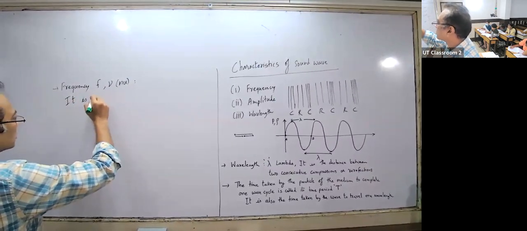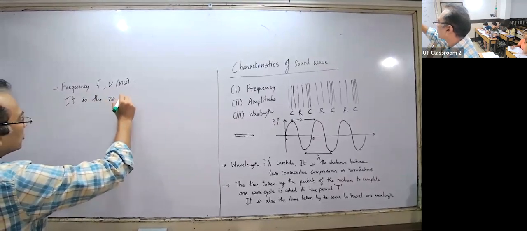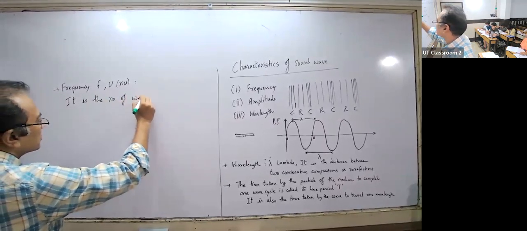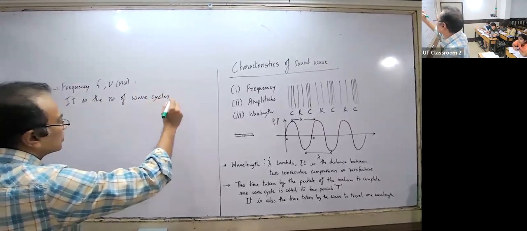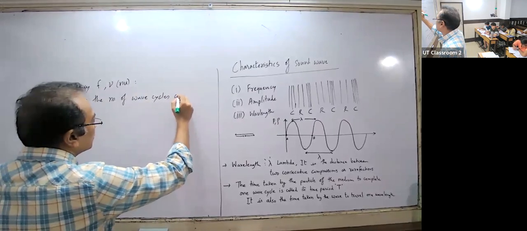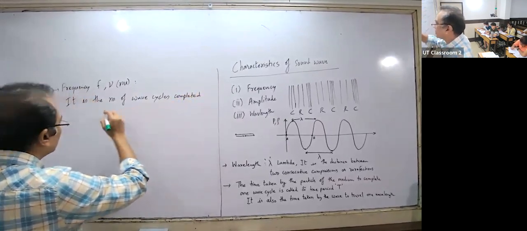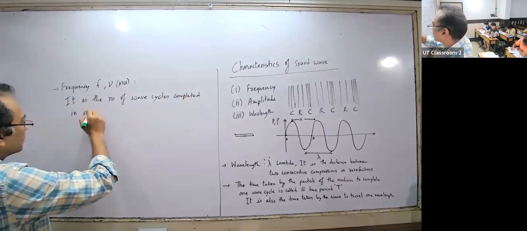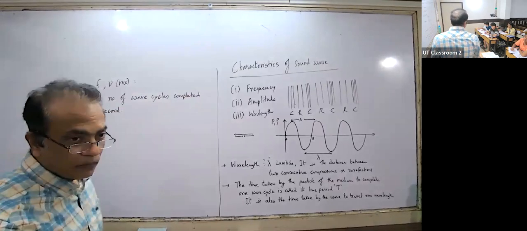It is the number of wave cycles completed in 1 second. How many cycles happen in 1 second?